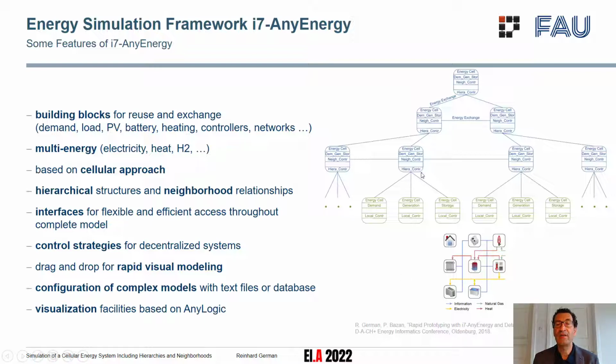We have energy cells which can be aggregated to higher hierarchy levels, and we also have neighborhood relationships. More about that later. Then also we have interfaces for a flexible and efficient access throughout the complete model, and we also provide certain control strategies for such decentralized systems.